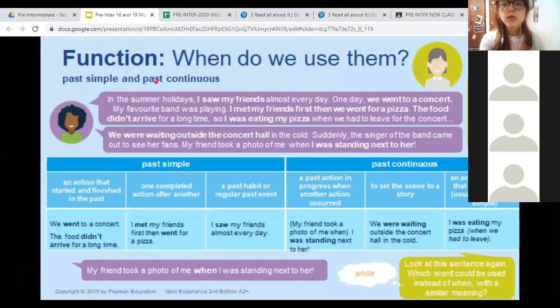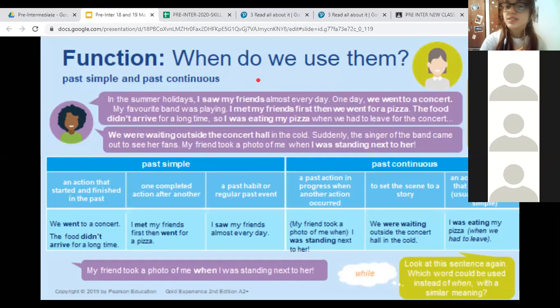So we will hear the experience of this lady. She says, in the summer, I saw my friends almost every day. One day, we went to a concert. My favorite band was playing. I met my friends first, then we went for a pizza.